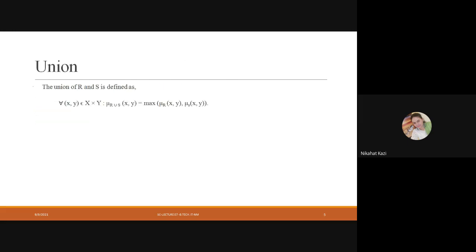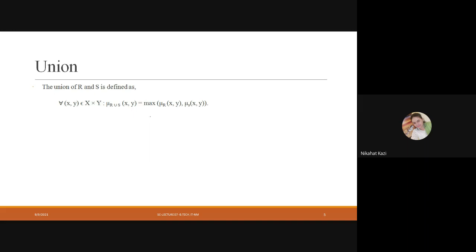First, you have to find the union of two fuzzy relations, R and S. It's similar to what you have done with 1D fuzzy sets. It's simply the max operation.